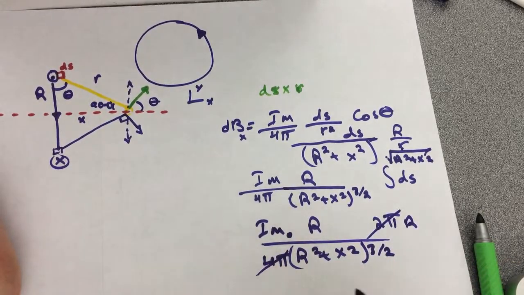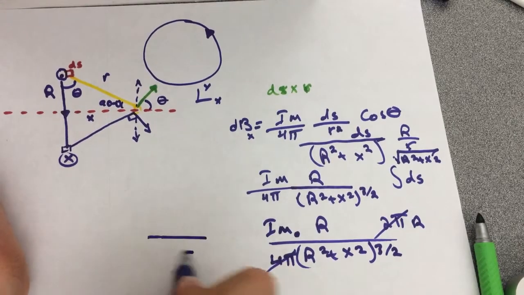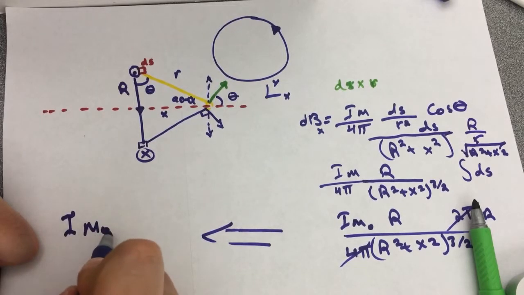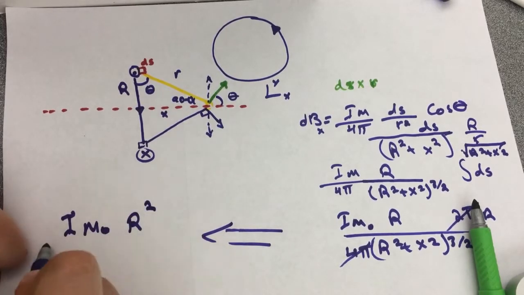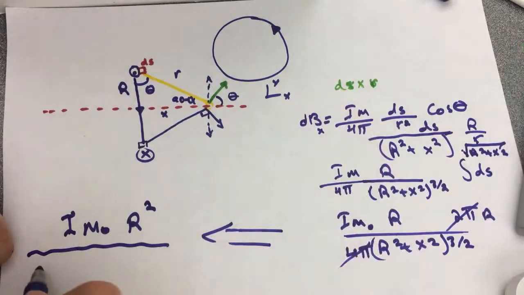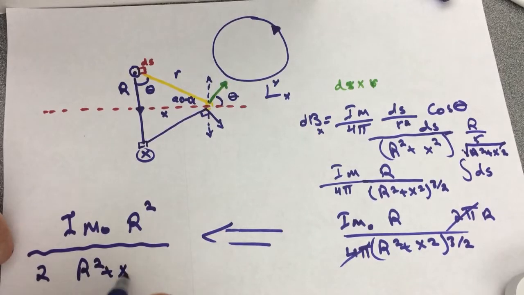So we get to cancel those. We're left with I mu naught R squared divided by 2 times R squared plus x squared to the power 3 over 2.